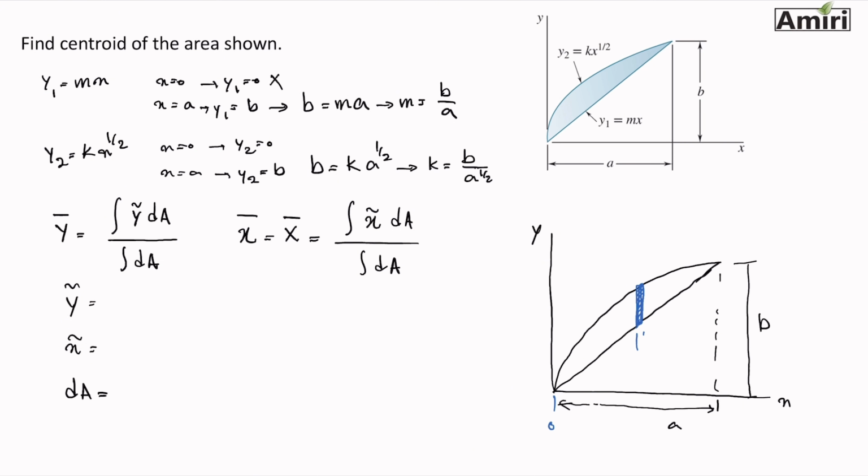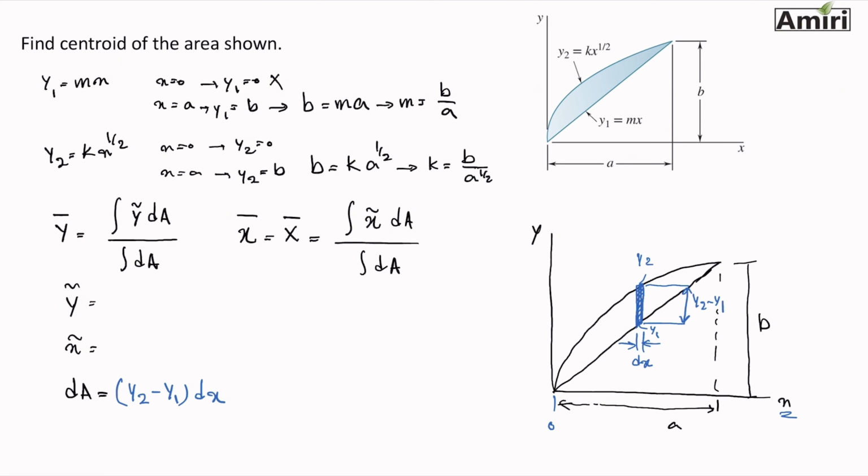The width of this little element is very thin. It's a differential amount of x, because it's on the x-axis, so the width is dx. The length of it is, this point is y2, this point is y1, so this length here is y2 minus y1. So my differential amount of area is width multiplied by length, so dA is y2 minus y1 dx.